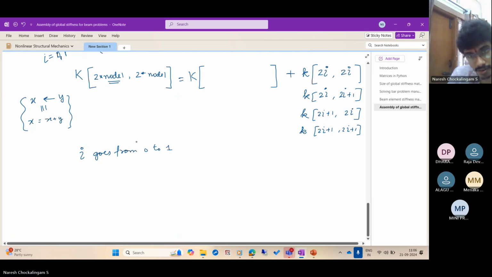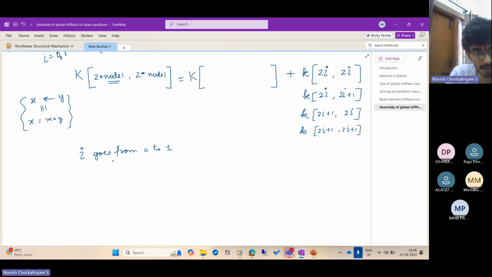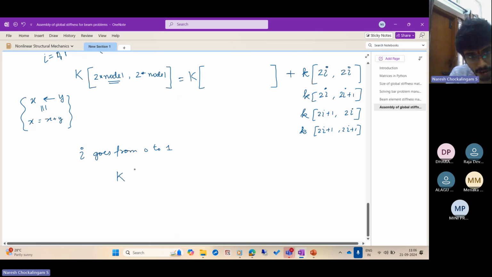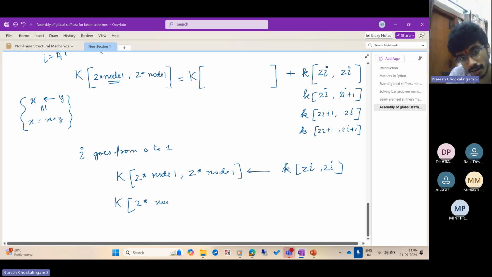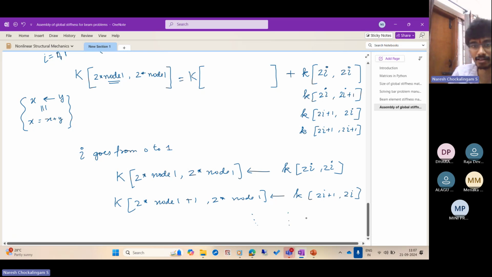As I goes from 0 to 1, we take the global node number corresponding to I. So K of 2 into node 1, comma 2 into node 1 will take the local entry K of 2i, comma 2i. And K of 2 into node 1 plus 1, comma 2 into node 1 will take K of 2i plus 1, comma 2i, and so on. The rest of it you can fill in, right?